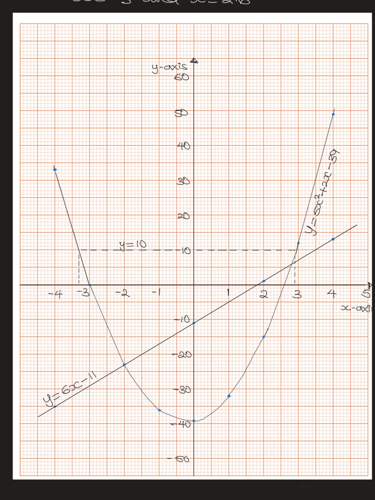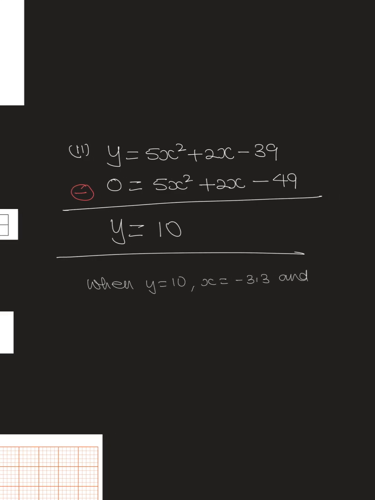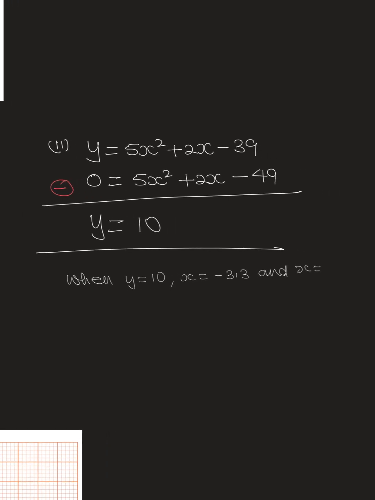So which means we have now found the solutions for y is equal to 10. One of the values of x is minus 3.3 and the other is 2.9. To provide the complete answer for question D2, we will say when y is equal to 10, x is equal to minus 3.3 and x is equal to positive 2.9.